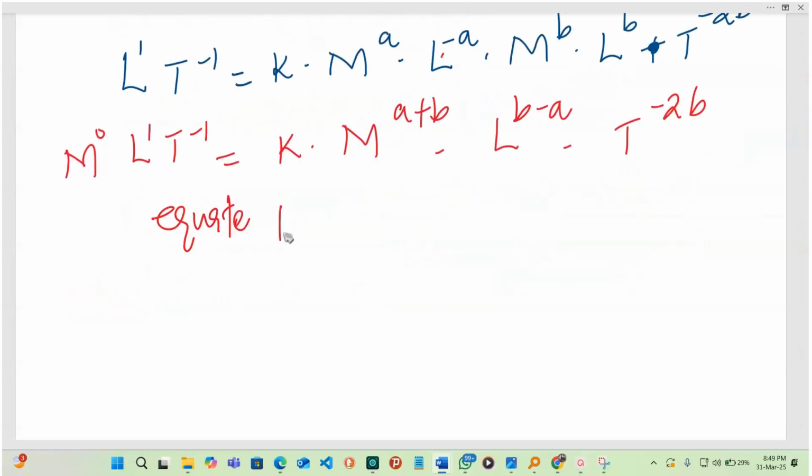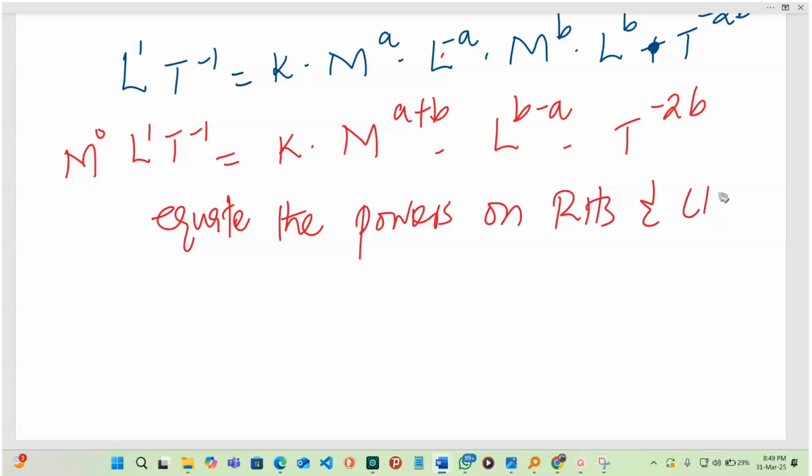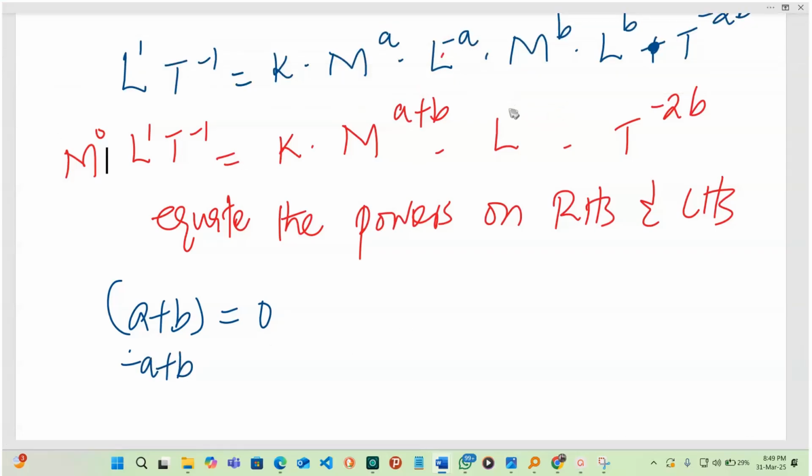So we equate the powers on the right-hand side and left-hand side. The powers of M must equal each other on both sides, so A plus B must equal 0. Next, for L, this is negative A plus B, and this is equal to 1.